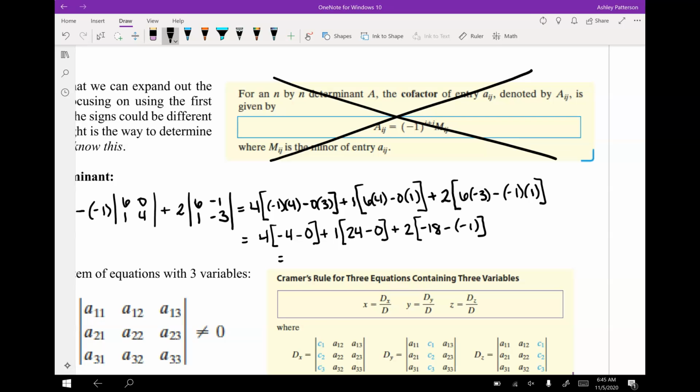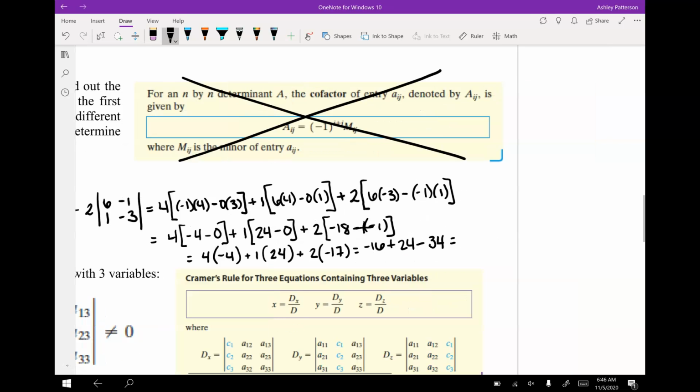Keep going with me. So this is 4 times -4 plus 1 times 24 plus 2 times -18 plus 1 gives us -17. If we continue to calculate, we get -16 plus 24 minus 34.